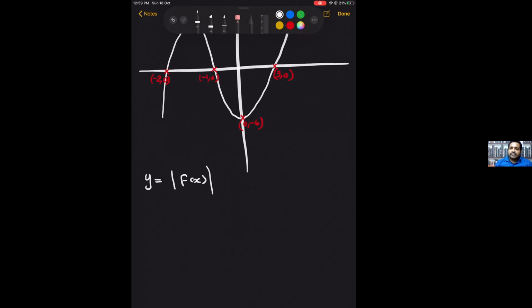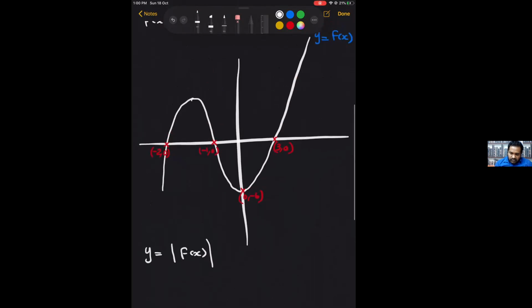The negative y portion of this graph we need to reflect into the positive y part. I will represent the negative region with the blue color. This region represents the negative part, and this also represents a negative part. So we need to reflect these two negative parts to the positive side of y.